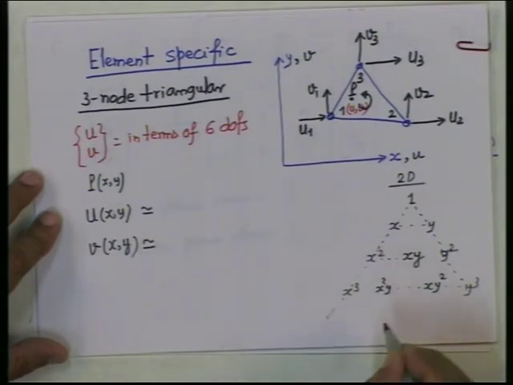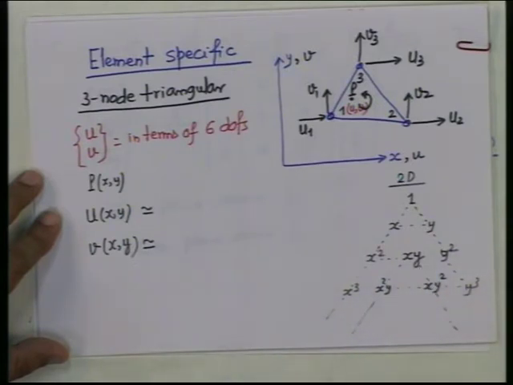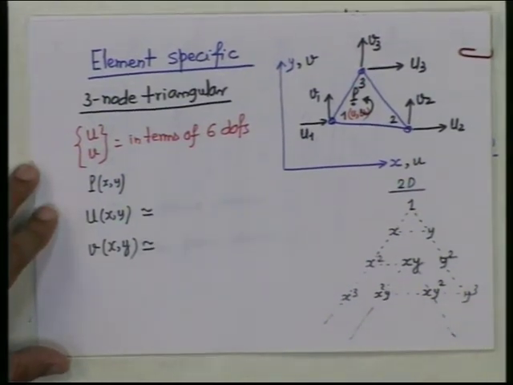So if you want a polynomial up to the third degree, then you must consider all these terms. Please do not make noise, sit quietly. Is it clear?